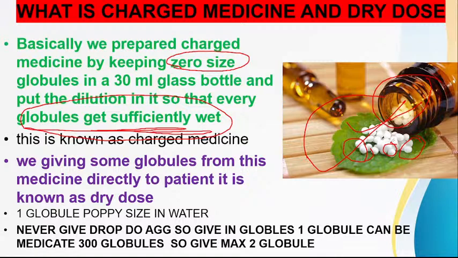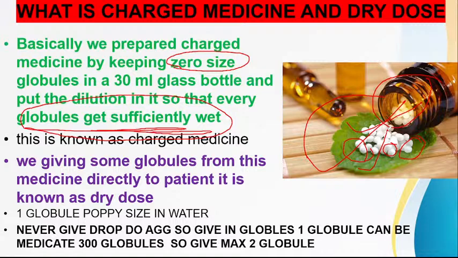Dispensing the medicine in this way has been seen to have the lowest form of aggravation. It is also said that medicine can be given by two methods: in globule form, that is charged medicine, or in liquid form.